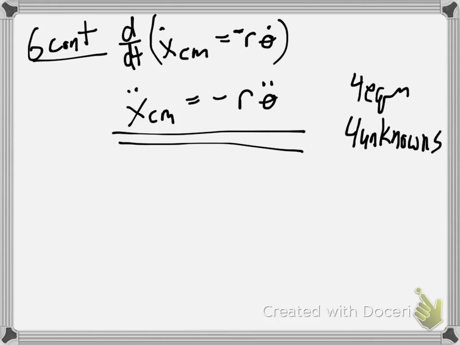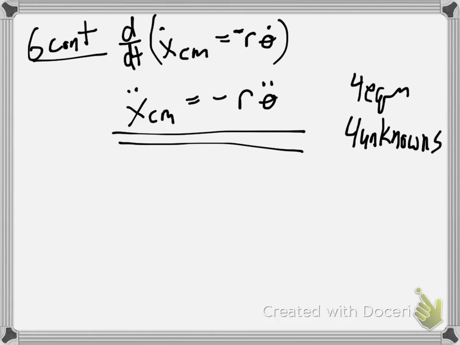Okay? Now you probably could have intuitively determined this, that positive x velocity yields negative rotation. So if I have positive x, my object has to rotate clockwise, or negative rotation. So in this case, it's pretty intuitive.